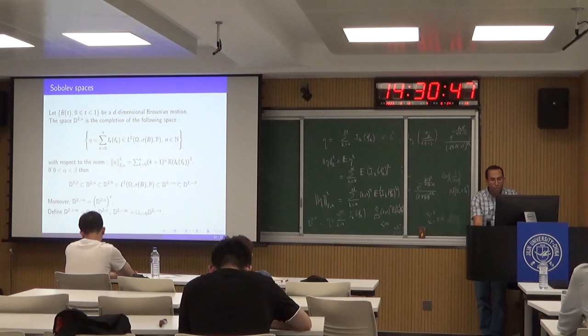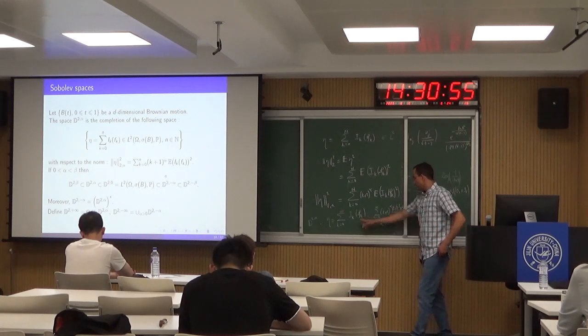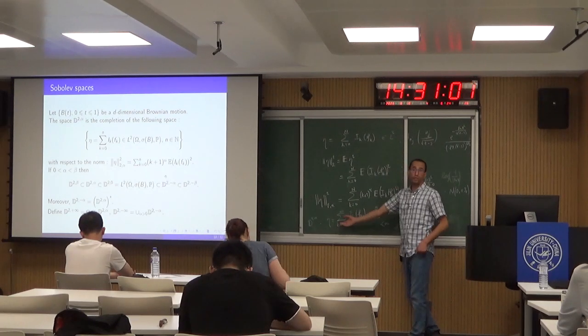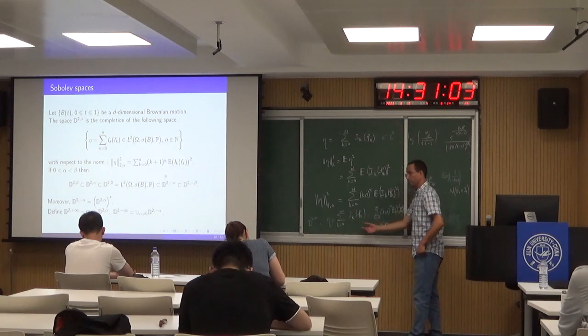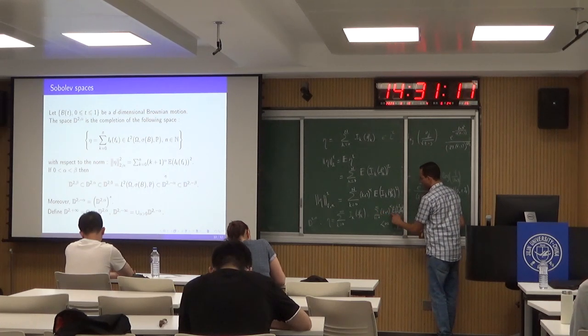But the problem is when this α is negative. If α is negative, we have to divide this series by something to obtain a convergent series. You understand? If α is negative, for example -1, it means that the series of these squared norms divided by k+1 is finite.